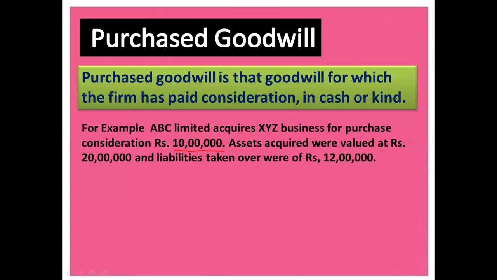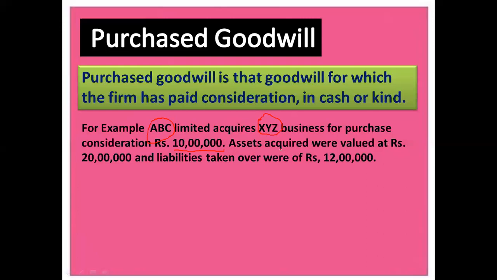Because when one firm purchases the business of another firm, on that day, whatever assets that firm is having will also go to the purchasing firm, and in case there are certain liabilities, they will also be paid by the new firm which is purchasing it. Similarly, when ABC Limited purchased the business of XYZ Limited, ABC Limited acquired certain assets.